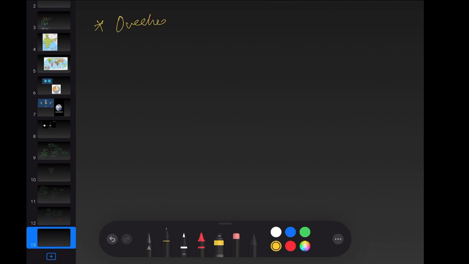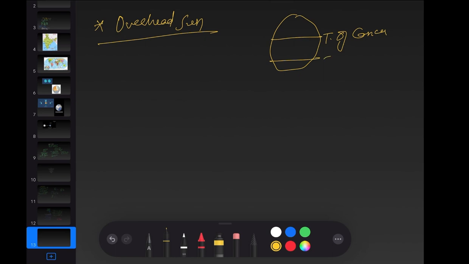Now, what is overhead sun? As you have seen, the position of the overhead sun varies between the Tropic of Cancer and the Tropic of Capricorn. The position of the overhead sun varies in this area between the tropics.